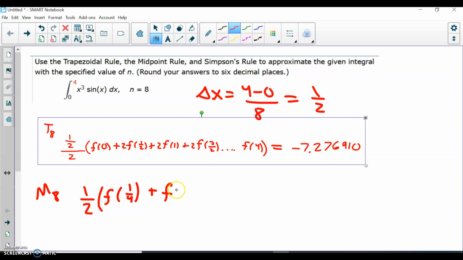And we're not double using any y values. The coefficients are 1 the whole way across, so it's a little bit easier to calculate. So this would be 3/4. We're adding 2/4 at a time, so it'll be 5/4, plus 7/4.